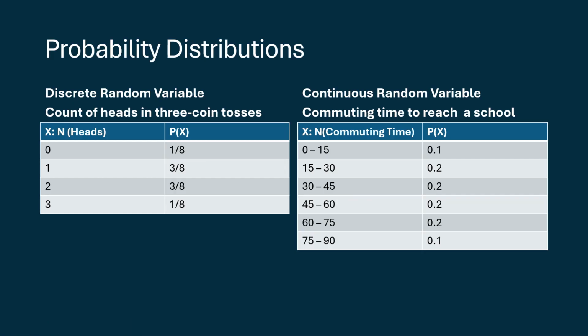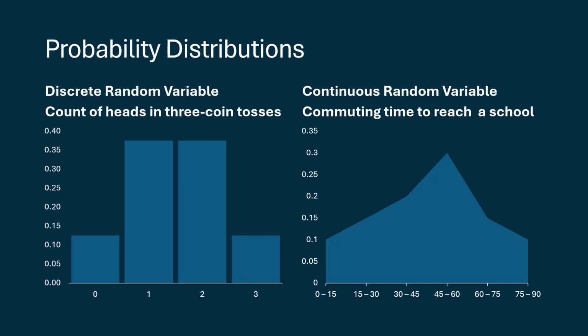We'll talk about some of those distributions. In discrete random variable, binomial distribution and Poisson distribution are examples, whereas uniform distribution and normal distribution are examples of continuous random variable.